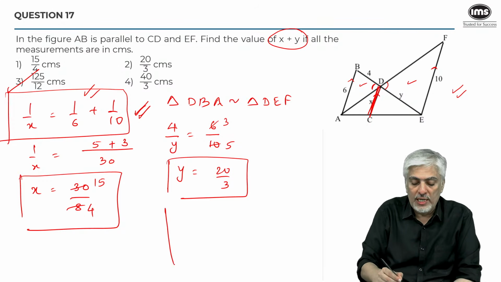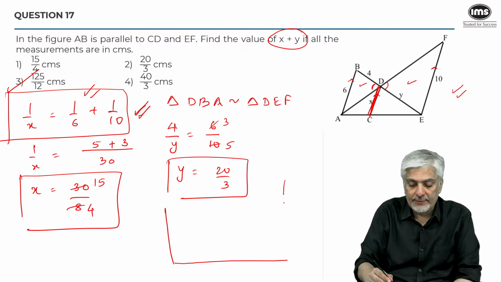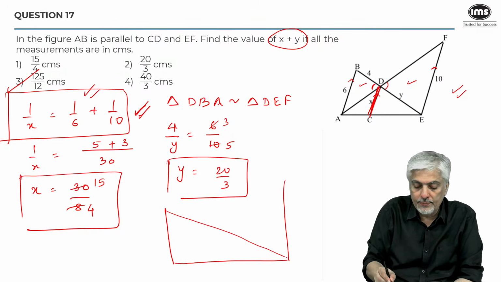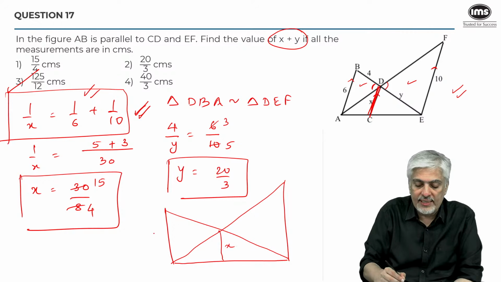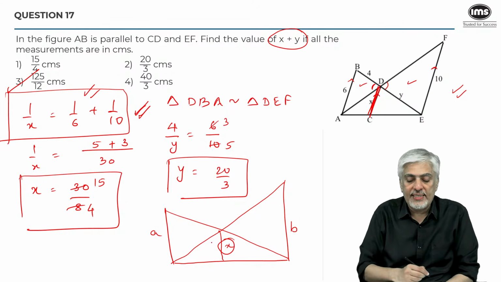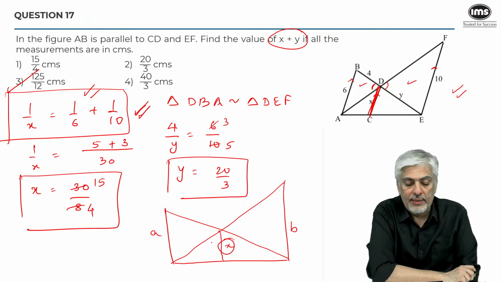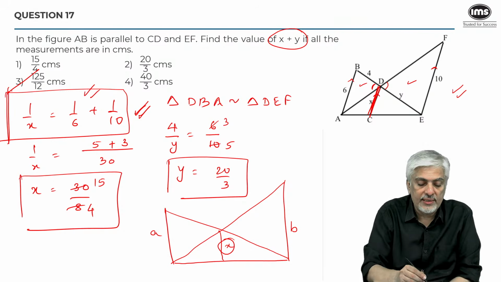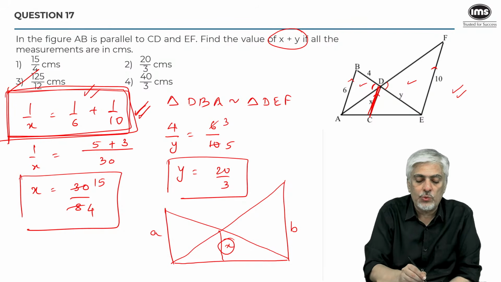So if you have three parallel lines like this, and if this is x, this is a and this is b, what is the formula? 1 upon x is equal to 1 upon a plus 1 upon b. This is a very straightforward property because once you know this, it becomes a one-step question.